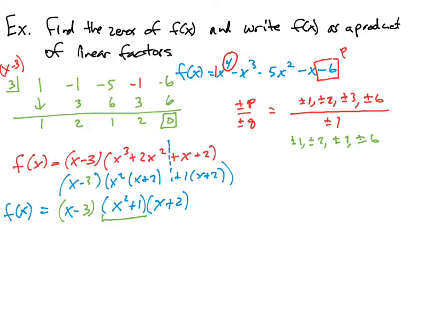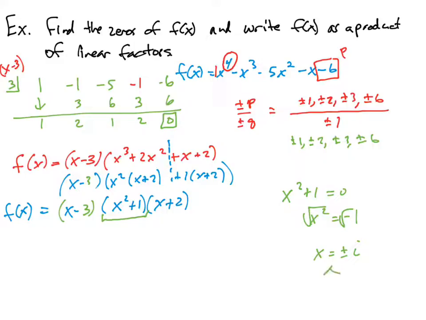All right, now it looks like we pretty much have this factored except that the x squared plus 1 factor is not linear yet. So we need to write this as linear factors. Well, one strategy is to find the zeros of this first, or solve this equation, x squared equals negative 1. Taking the square root of both sides, I'm going to get an imaginary number. This will be x equals plus or minus i.